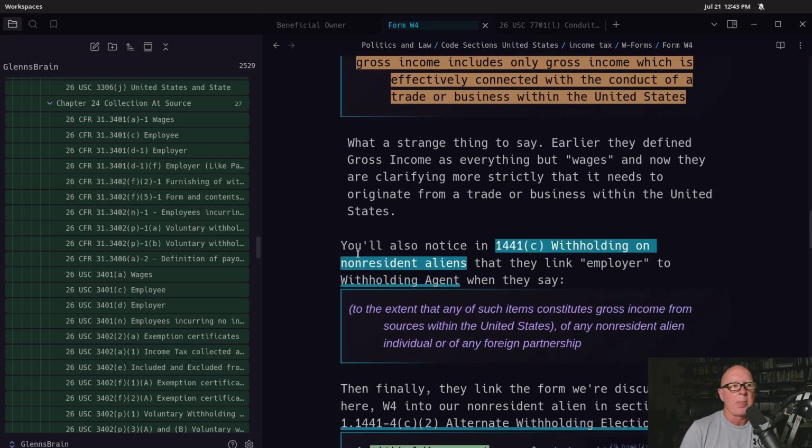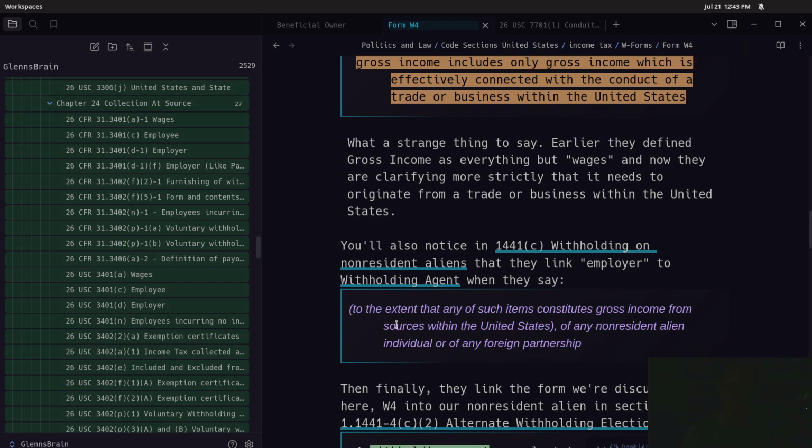All right, so now let's take a look at 1441C, which is withholding on non-resident aliens. And they link in employer when they do this. Sorry, the power just went out.